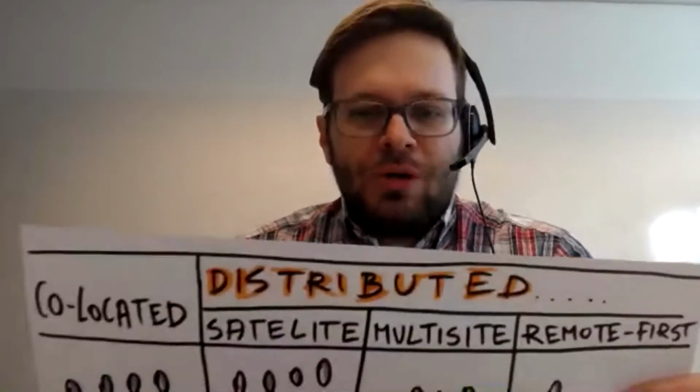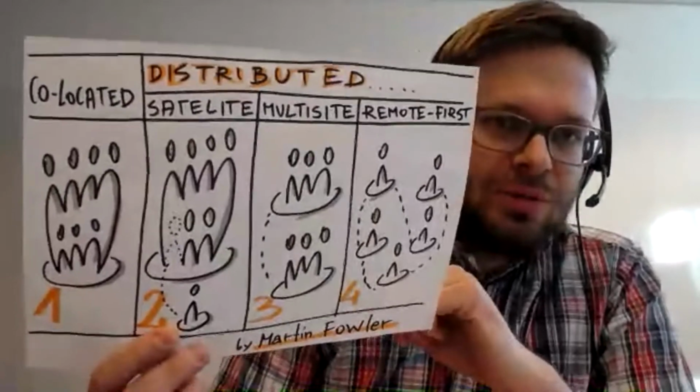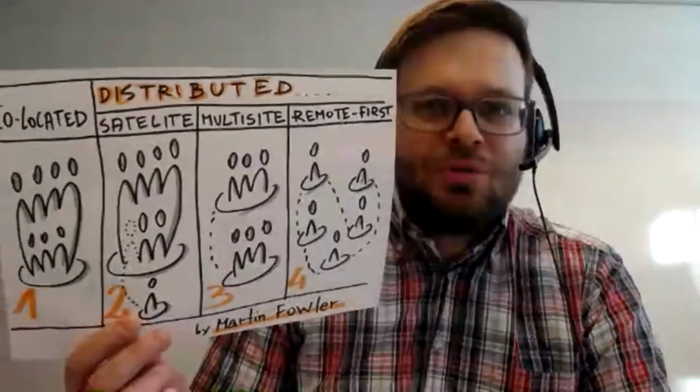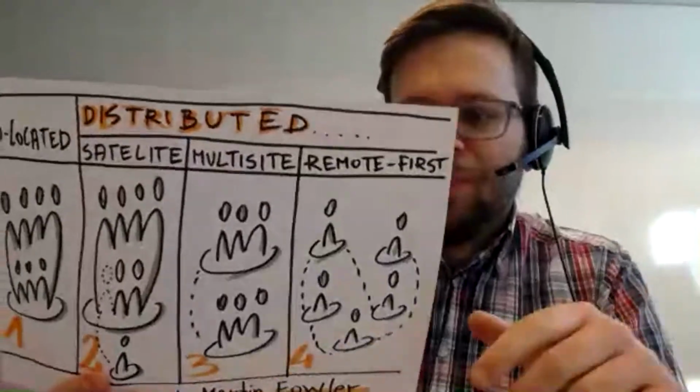And when he did it, we quickly realized that we are now a distributed team, because in order to synchronize with him, in order to talk to him, we always had to do things online, and we didn't have him in the room. So we had to really think how we're doing stuff. And this model of working is called satellite. So it's like most of the team is working together, but there are some people who are working remotely.